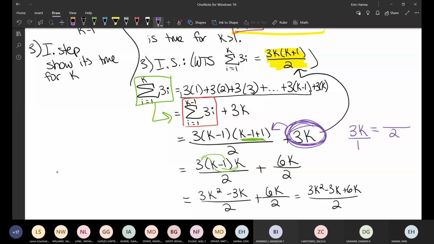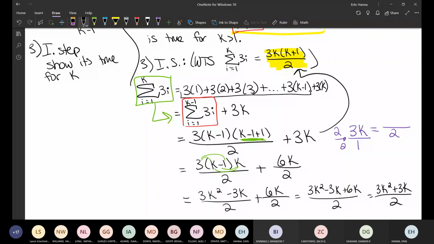It's not catching up to me. Eventually, it'll show what I just said. So essentially, we have to multiply that numerator by 2 to get 6k over 2. I can't just put it over 2 without changing the numerator. So once I squish those together, we can combine the minus 3k and the 6k. That'll become 3k squared plus 3k over 2.